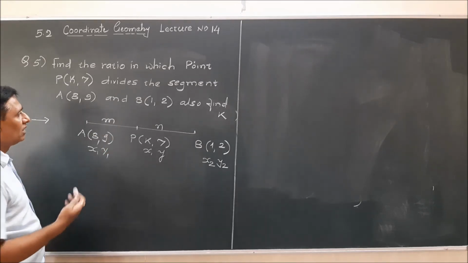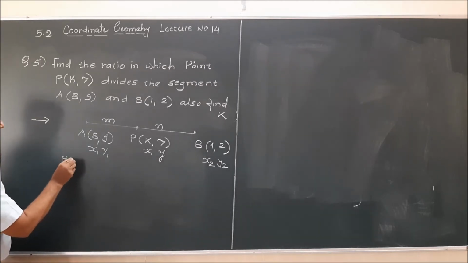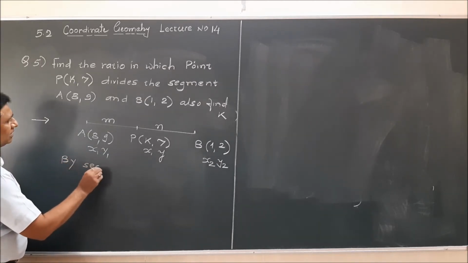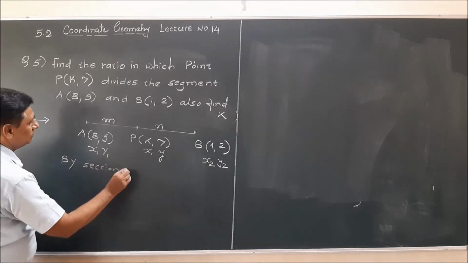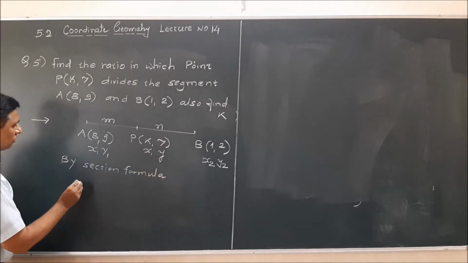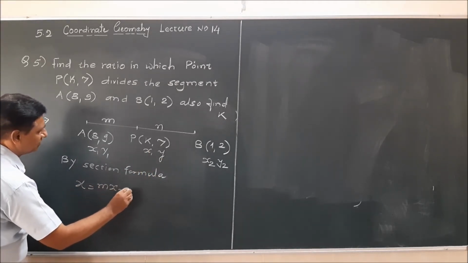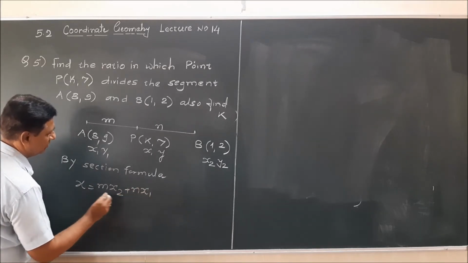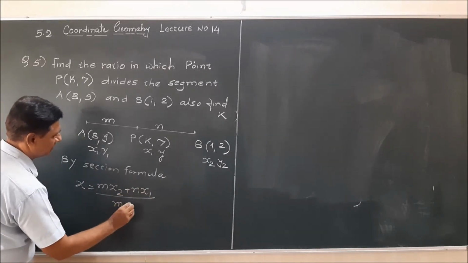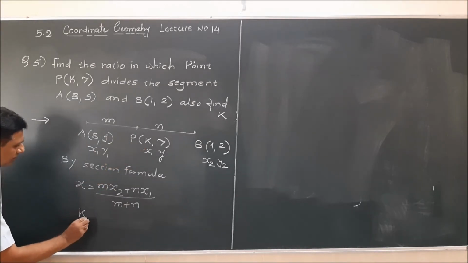We have to find the ratio. Let's see here, same formula, the section formula. Since you all know x is equal to mx2 plus nx1 upon m plus n.